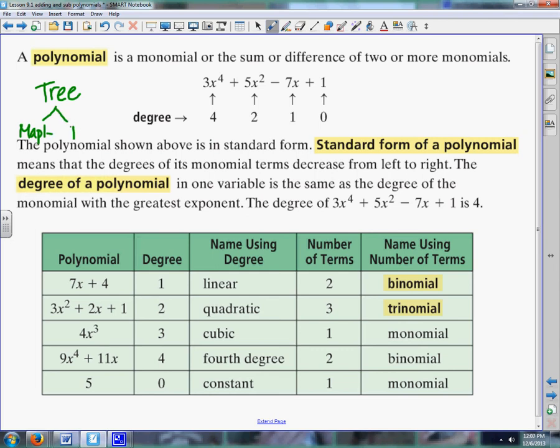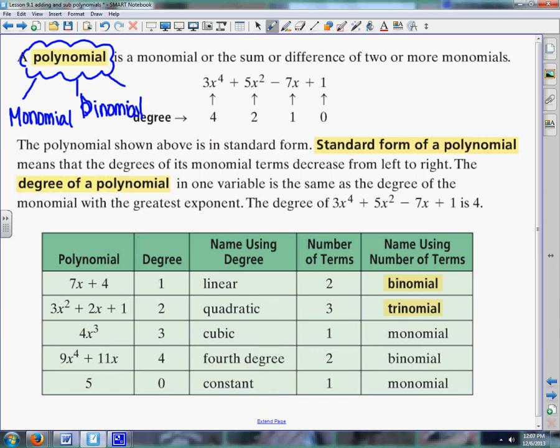It could be a pine tree. It could be an oak tree. Could be an apple tree. There are many different names for the types of tree. So a polynomial is the main name. And then underneath it, you have a monomial. You have a binomial, meaning two. And a trinomial.